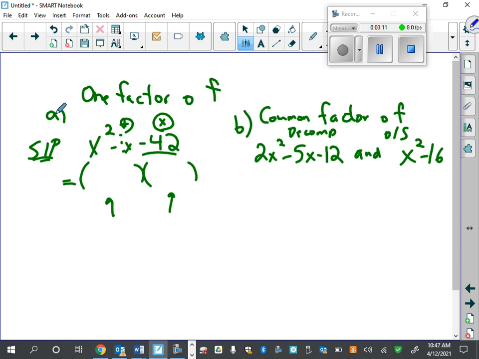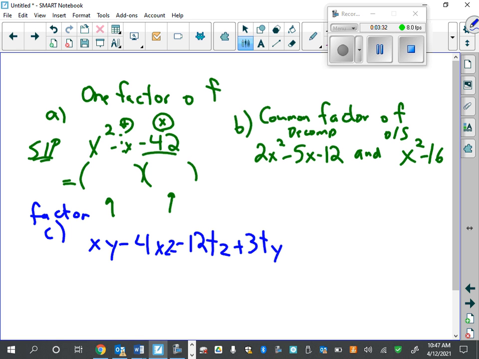We did C, which these are just factor questions. So this is xy subtract 4xz plus 3ty subtract 12tz, and you're just going to group that. So right after you decompose, reset because you can't see that negative sign.